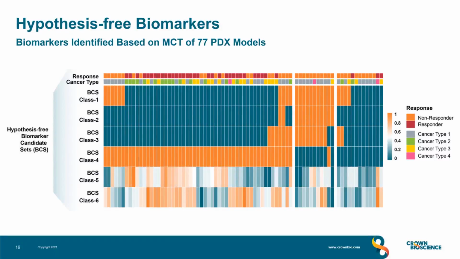Here's another example. Unlike cetuximab, in this example, we knew nothing about the drug target and the mechanism when performing the study. So it is a so-called hypothesis-free biomarker discovery exercise. We classified the 77 PDX into responders and non-responders based on AUC ratio, then discovered 6 biomarkers. The first 4 are mutation biomarkers, and the last 2 are gene expression-based biomarkers.